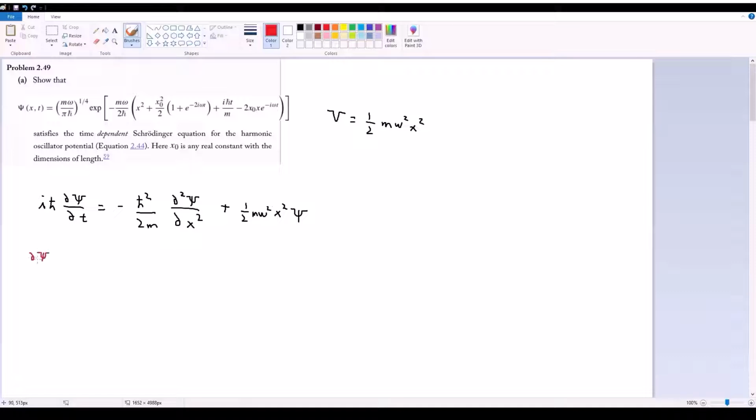Starting with d psi by dx, this is going to give us m omega over pi h bar to the power of 1/4, which comes out as a constant at the front. And then we have our exponential, which doesn't change.